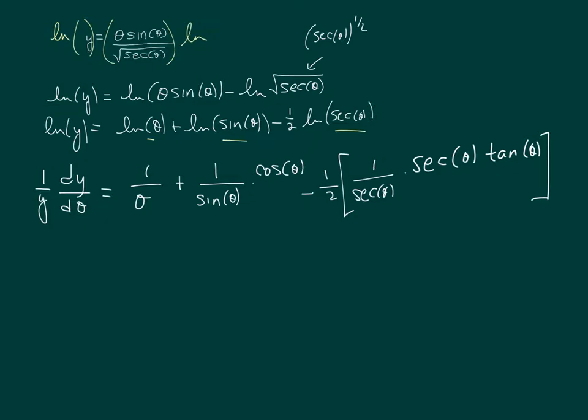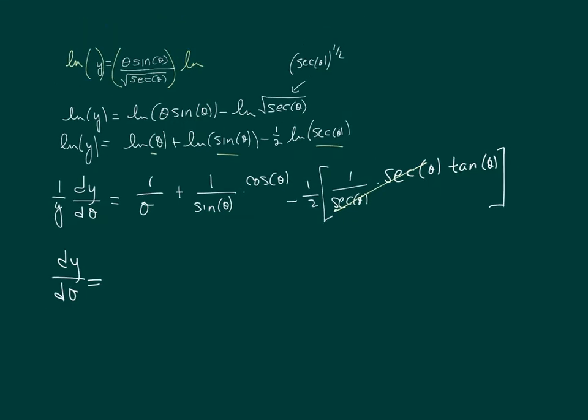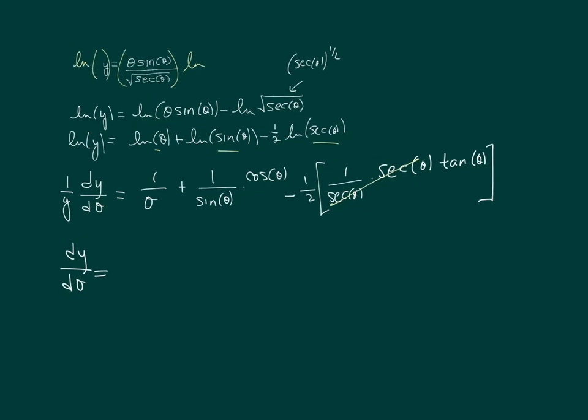And pretty much from here, I could do some playing around with stuff, but I'm pretty much done. I could cancel that. I'm solving for dy d theta, so when you move the y to the other side, you're multiplying it on both sides.